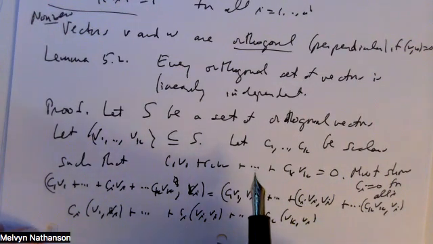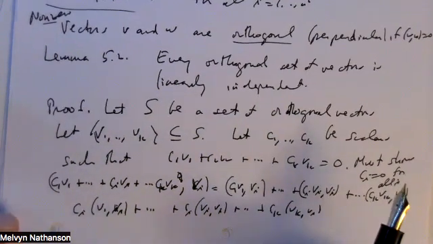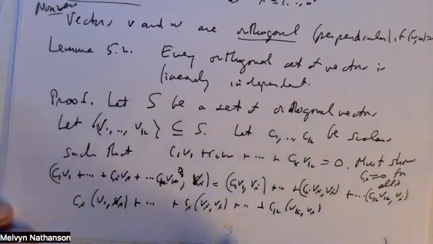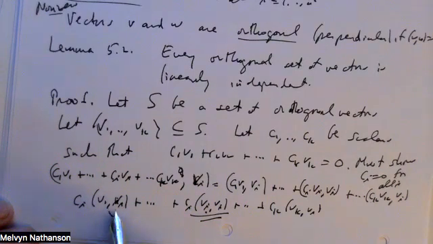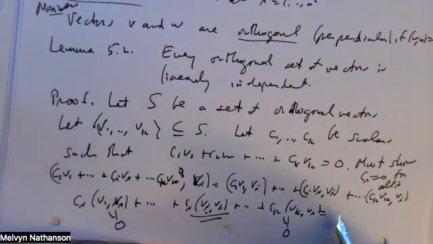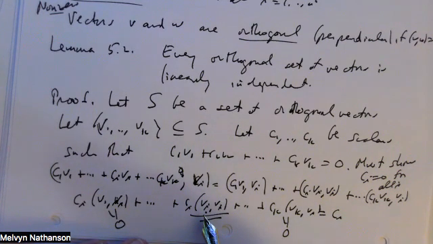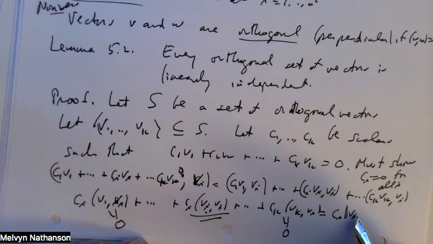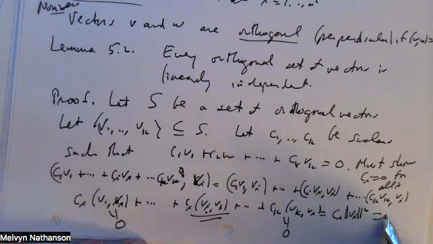Now, because these vectors are orthogonal, the inner product of any two distinct ones is zero. So except for this term, all the other terms are zero. So this is equal to ci times the inner product of vi with itself, that's the length of vi squared, and that equals zero.